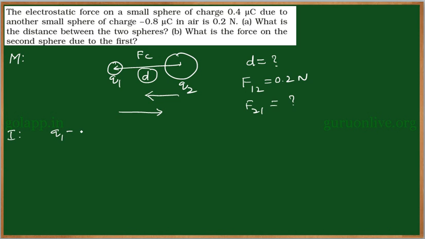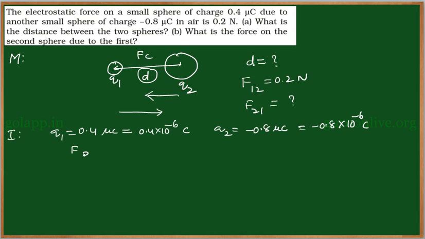Q1, the small charge, is equal to 0.4 microcoulomb, that is 0.4 × 10^-6 coulomb, and Q2 is equal to minus 0.8 microcoulomb, that is minus 0.8 × 10^-6 coulomb, and the force F12 is equal to 0.2 newtons, and the medium is air.